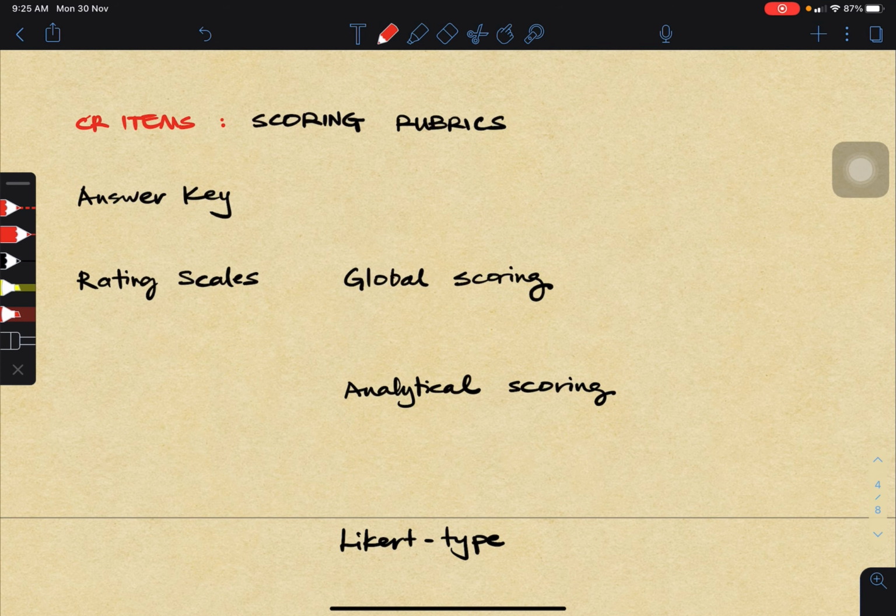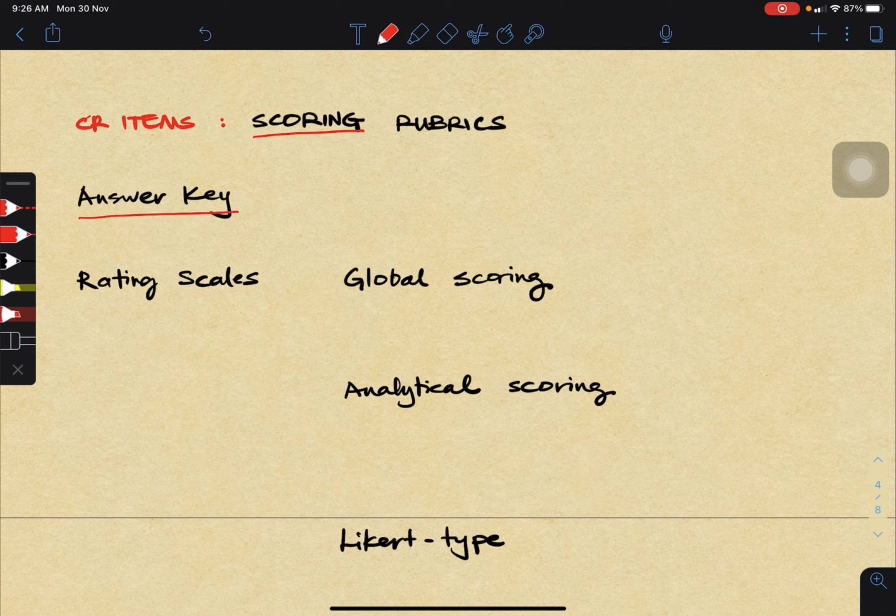The second discussion about constructed response items is regarding scoring rubrics. What do we mean by scoring rubrics? A guide for raters, for lecturers, to give marks for the questions. Now, I think you are familiar in Malaysia. What usually happens, most of the time, is that the lecturer prepares an answer key.